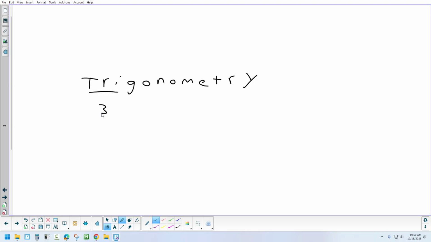But anyone have another thought what metry means? Is it like numbers related? Yeah, it does have something to do with using numbers to do something. Measurement, yeah. So geometry, trigonometry, those are two subjects that end in metry, so something with measurement.